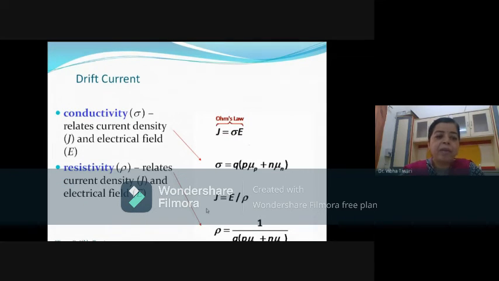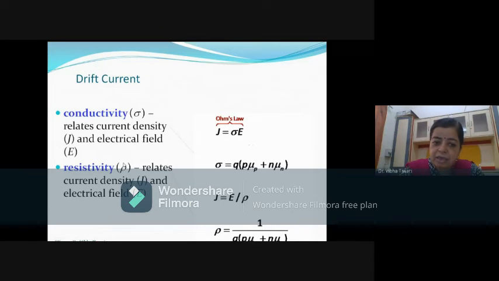Thank you very much. Now we have seen that the relationship between the current density and conductivity is J is equal to sigma E. In the previous slide, we have seen that sigma is equal to Q into P mu P plus N mu N, right? And one more term that we may have to calculate sometimes is resistivity. Resistivity is nothing but 1 upon conductivity.